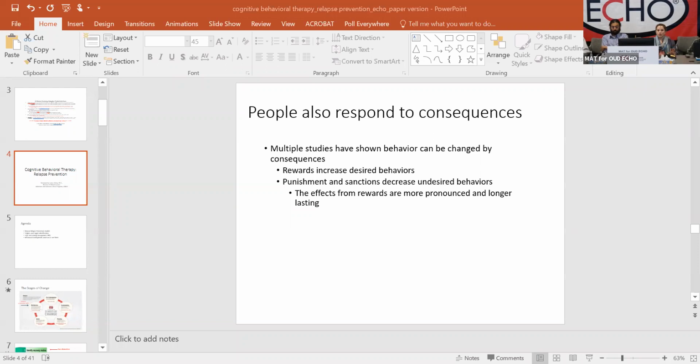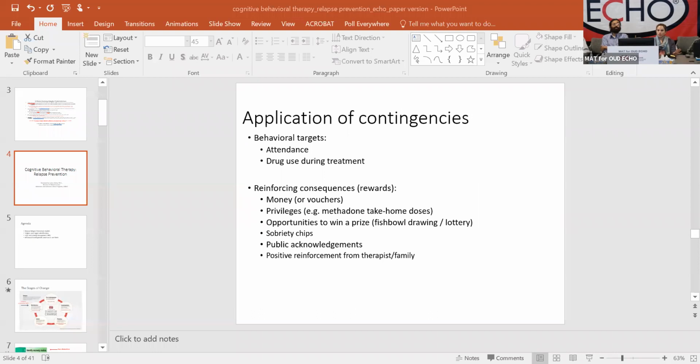But we don't want to encourage people to just go without, we want them to do a substitution. So that's really what teaching a behavioral contingency is. These are some of the targets that you could work with your patient.